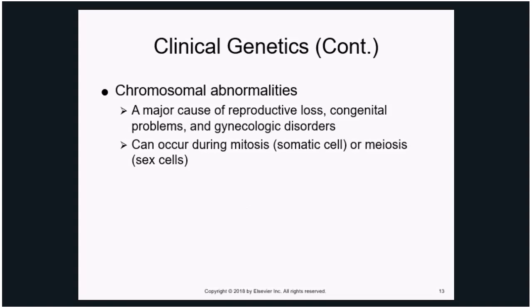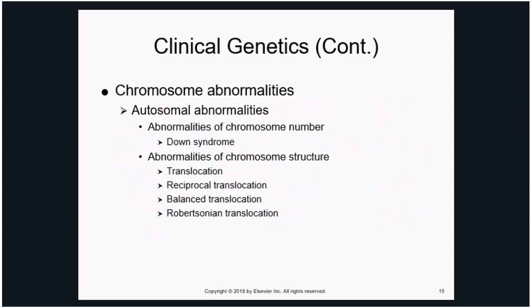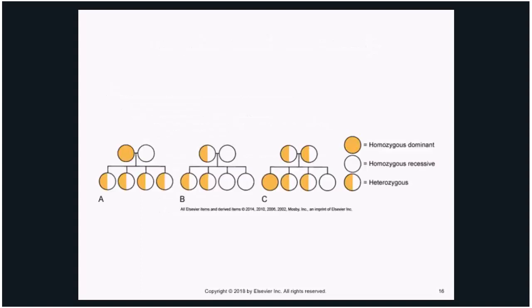Chromosomal abnormalities are a major cause of reproductive loss, congenital problems, and gynecological disorders, and can occur during mitosis or meiosis. Autosomal abnormalities include Down syndrome, and abnormalities of chromosome structure can be translocation, reciprocal translocation, balanced translocation, or Robertsonian translocation.